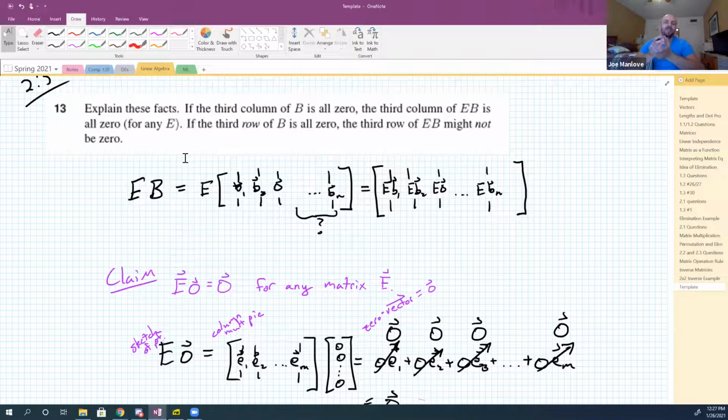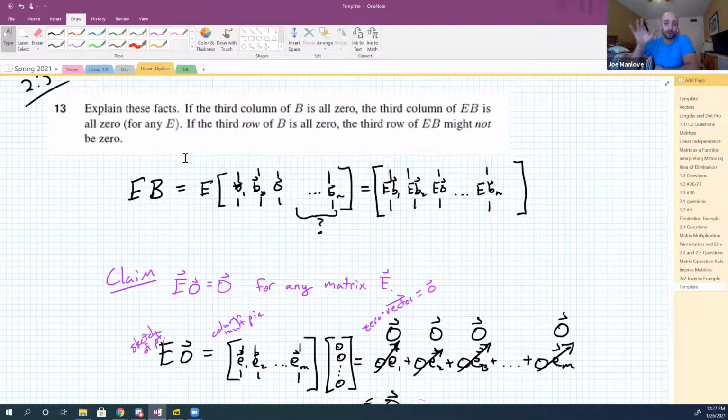And E times the 0 vector is the 0 vector. So the third column will have all zeros in it because it is the 0 vector. Does that kind of logic make sense? And then the proof is just writing that down while citing the specific claims. So you cite the column multiplication picture, and you cite this little claim that we just made about the 0 vector. You guys all on board with that?